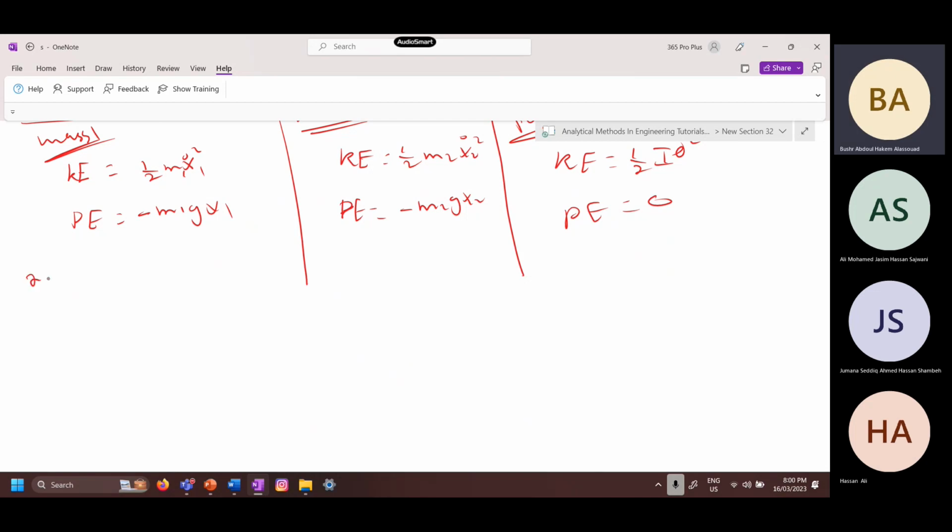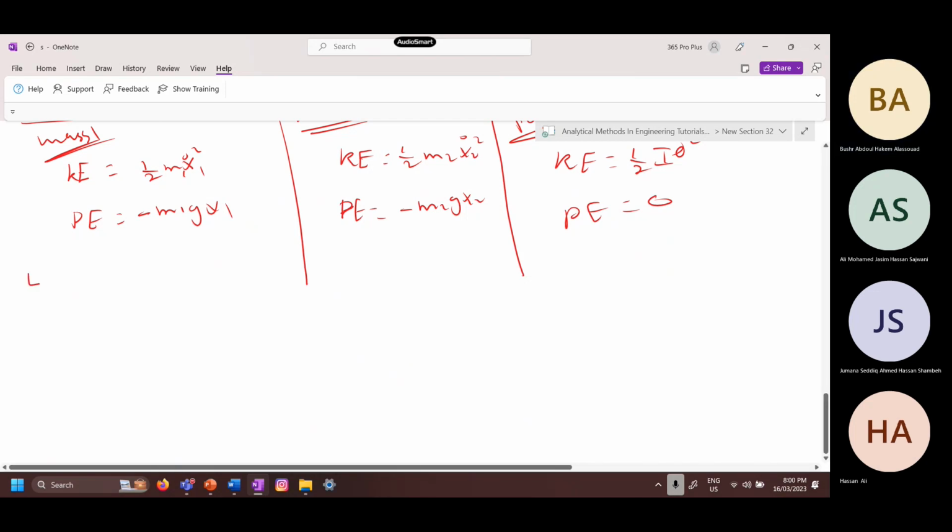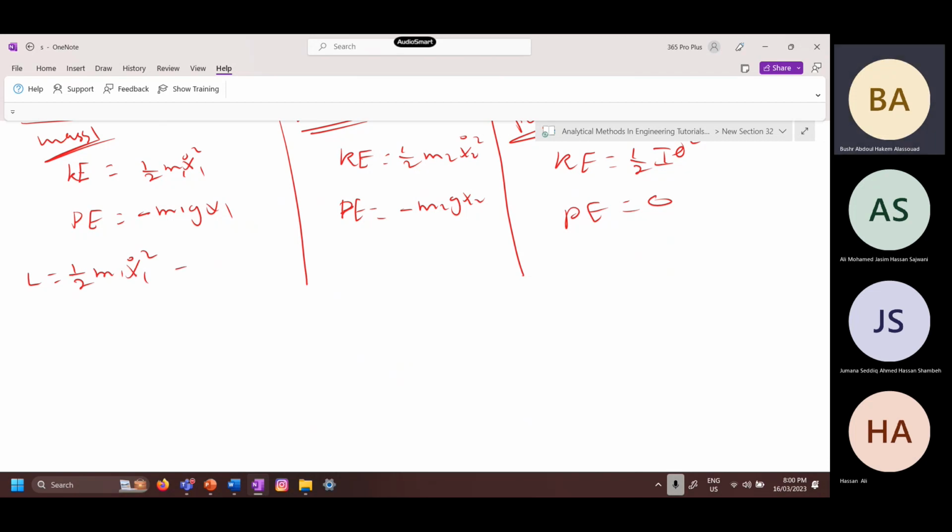Okay, so L is equal to half m1 x1 dot squared plus m1 g x1, and L here is equal to half m2 x2 dot squared plus m2 g x2, and L here is equal to half I theta dot squared.